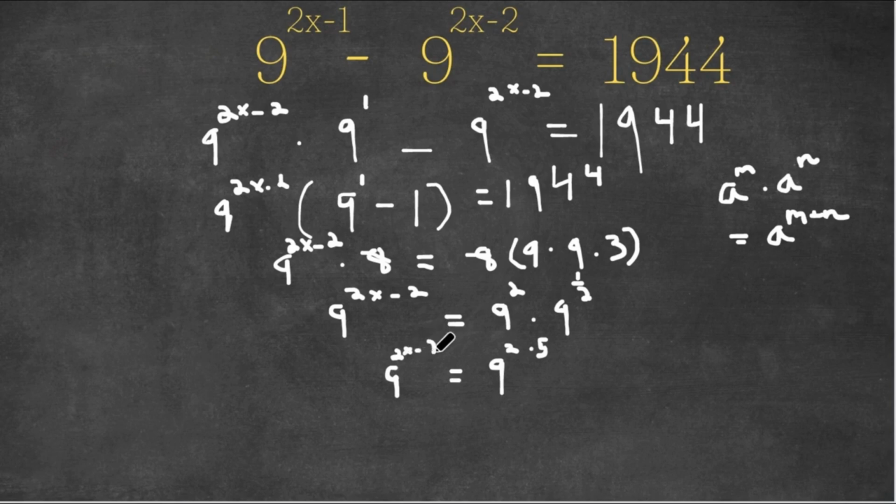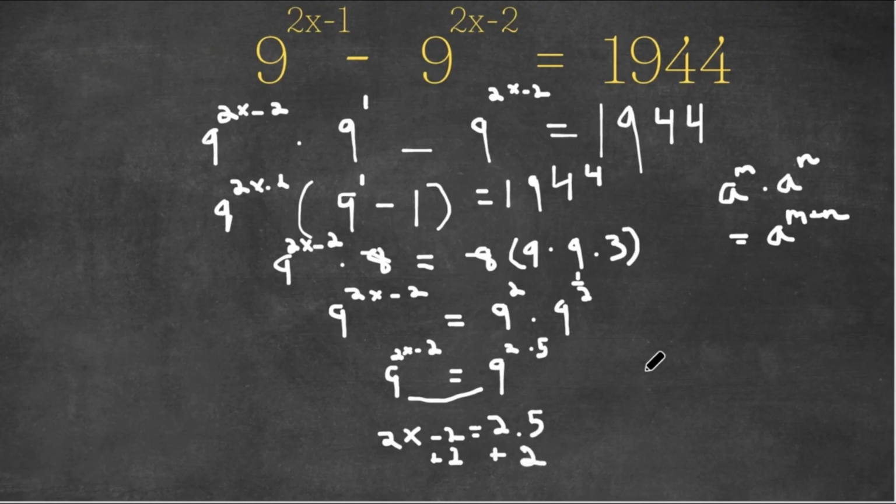Now, because both bases here are the same, our exponents are actually the same as well. This means that 2x minus 2 is equal to 2.5. And now, as you can see, we've created an equation. So now I'm going to add 2 on both sides to isolate x.